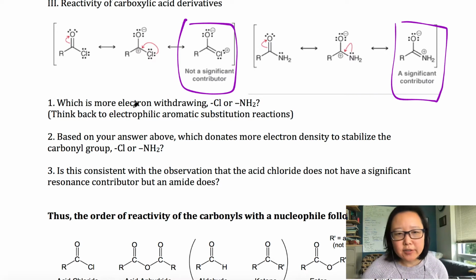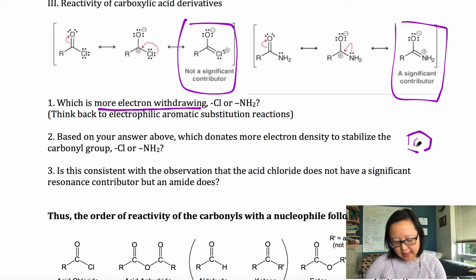The more electron withdrawing group, if you remember from Chem 262, second quarter, remember electrophilic addition reactions? You had these benzene rings and you were adding groups to them, and some of them were electron withdrawing groups and some of them were electron donating groups. So I think you remember that chlorine was just weakly donating because it had lone pairs. It could weakly donate those lone pairs, but it didn't want to because it would make this positive charge on chlorine.